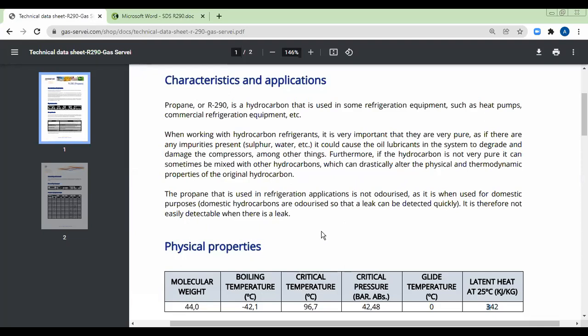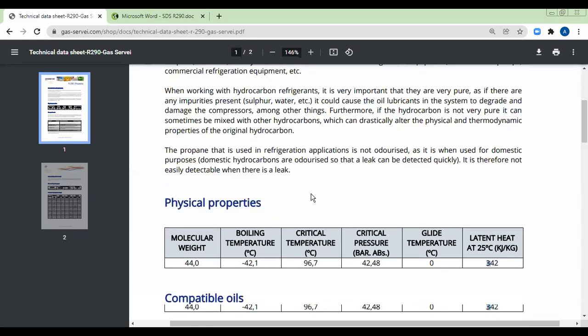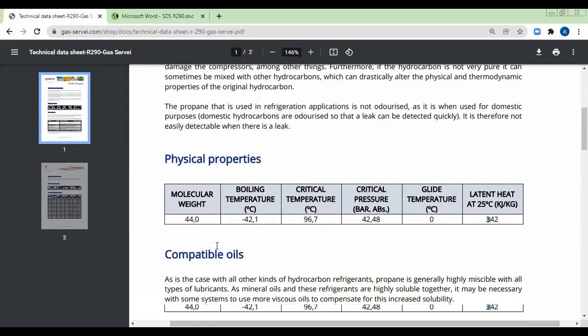And still we are learning R290, but you know a little bit here. See the properties: molecular weight, boiling temperature, critical temperature, critical pressure, glide temperature, latent heat at 25 degrees Celsius.